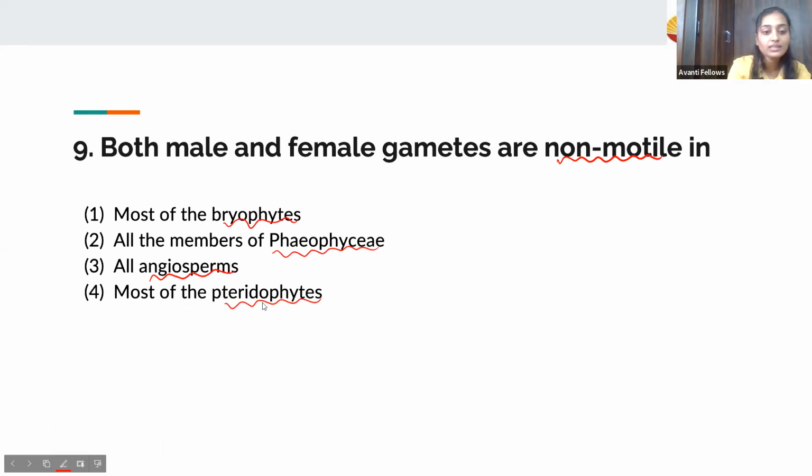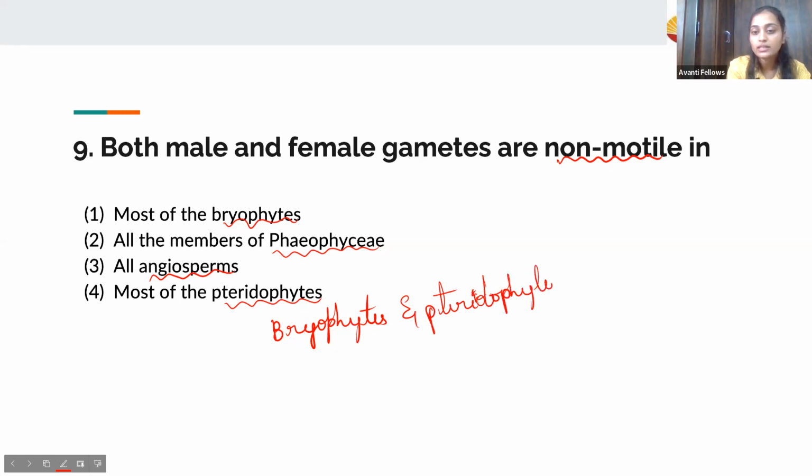So we know that in bryophytes and pteridophytes, the male gametes are motile.